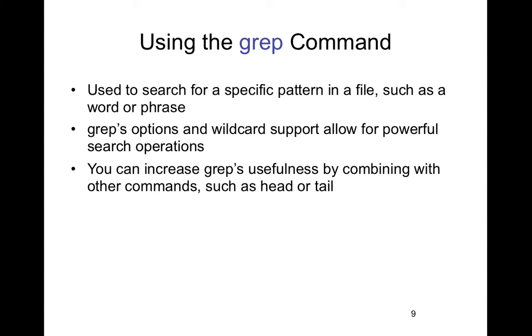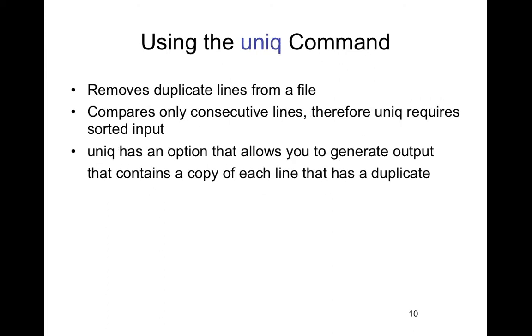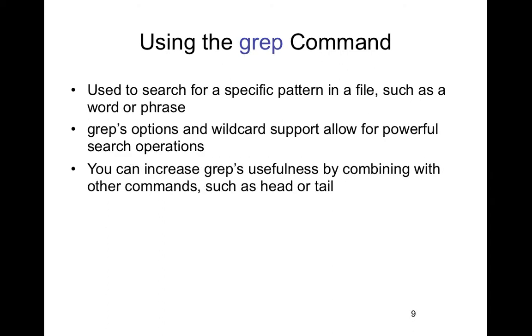It's used to search for specific patterns inside of a file. I was just looking for the word Bob, but it can search for words or phrases, which I showed you. Also, you have wildcards that allow you to find different things, and it increases grep's usefulness by combining it with other commands, like head or tail. So you can grep the head, look for Perl, and then use an if statement: if it's Perl, run it with Perl.